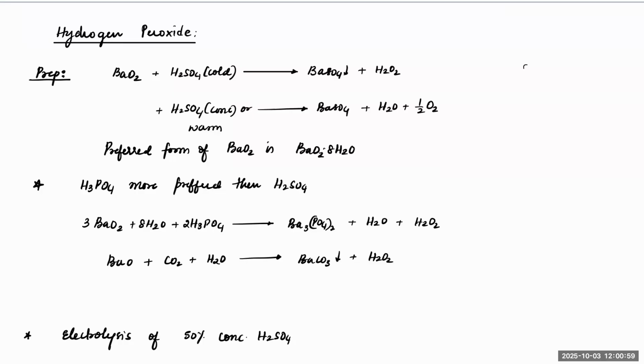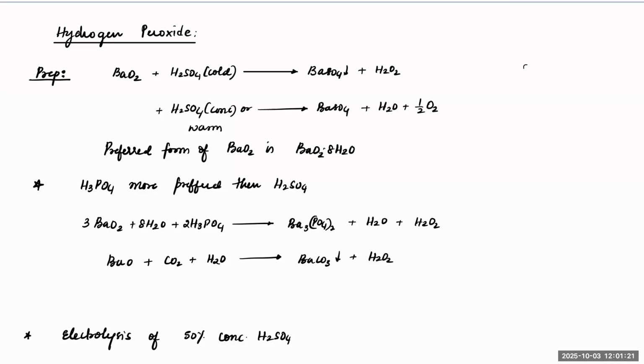H2O2, by preparation, it is like this. Barium peroxide, when you add it to cold H2SO4, barium will get easily precipitated, and the leftover compound is peroxide. We can't take it warm or concentrated because the peroxide forming will immediately decompose into H2O and O2. Okay. Right.